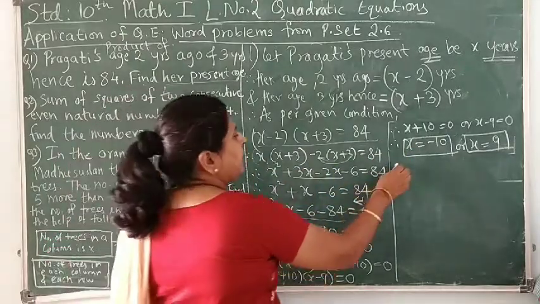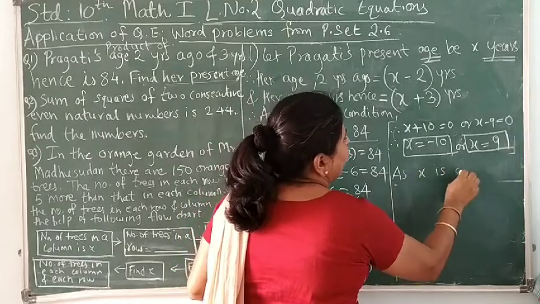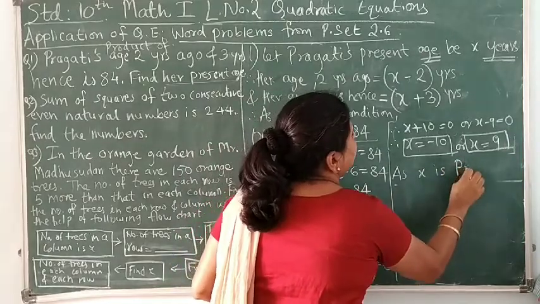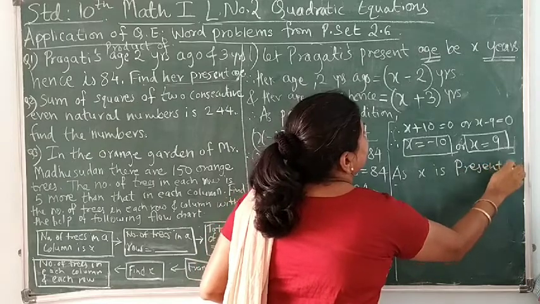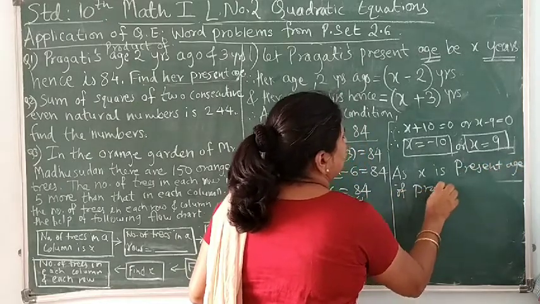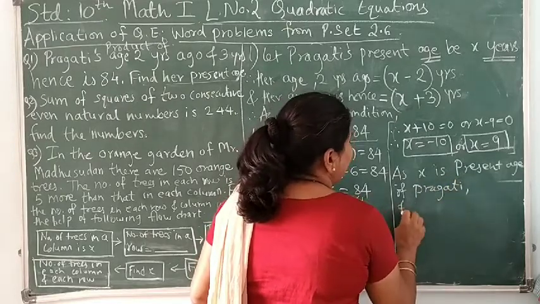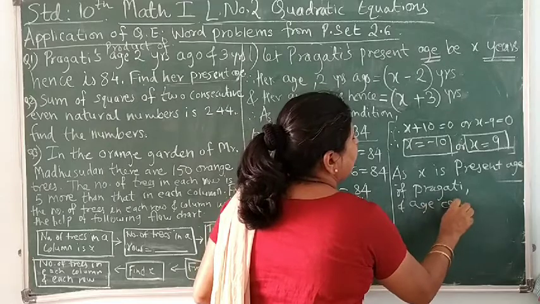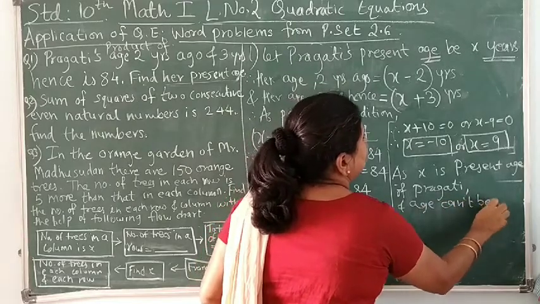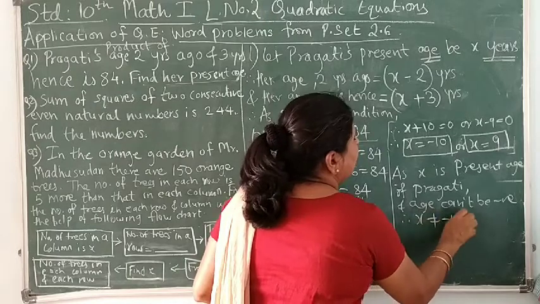So how will we write here? x is the present age of Pragati, and age cannot be negative. Therefore, x cannot be equal to minus 10.